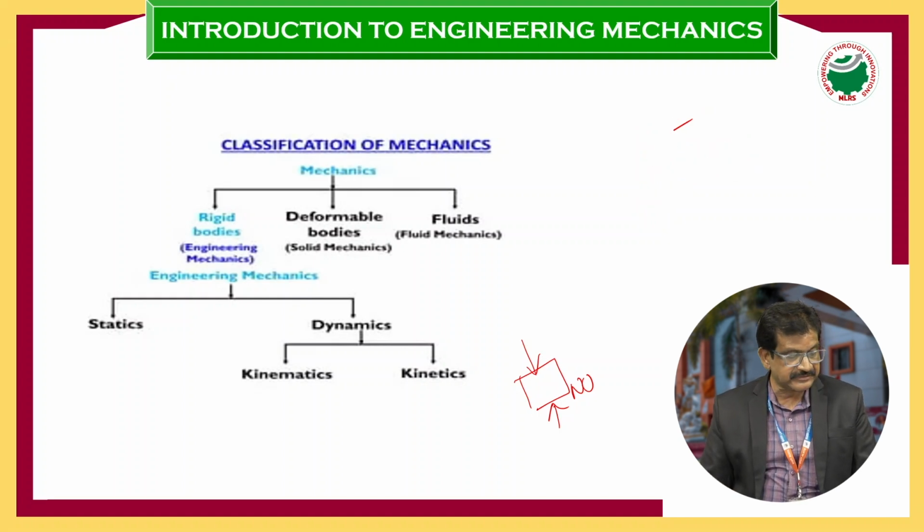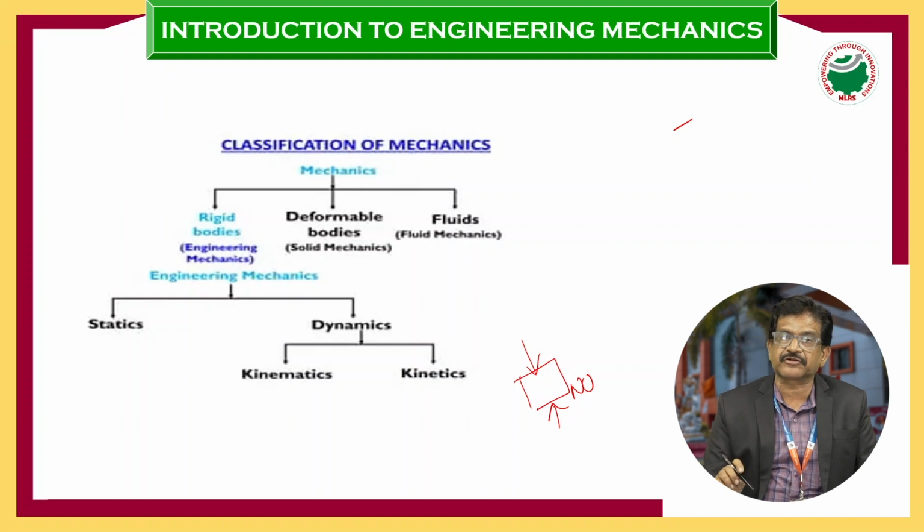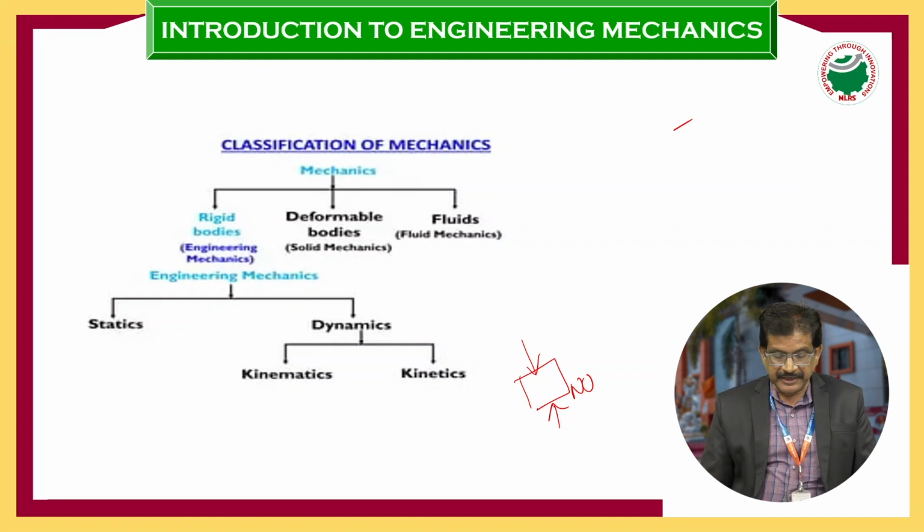Whereas dynamics deals with forces when the body is in motion. When the body is in motion, we calculate the forces. That is called dynamics. Again, in dynamics there are two types: kinematics and kinetics.